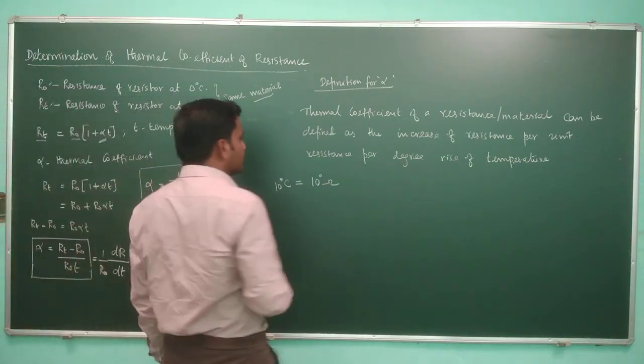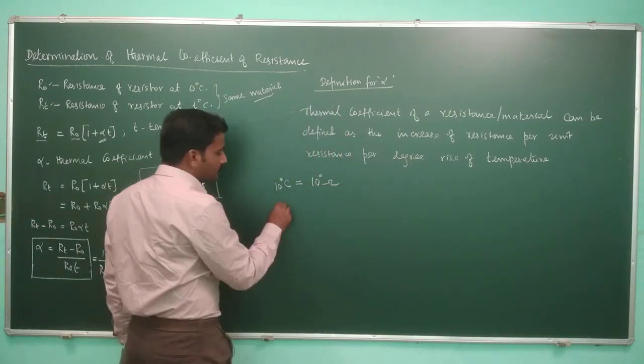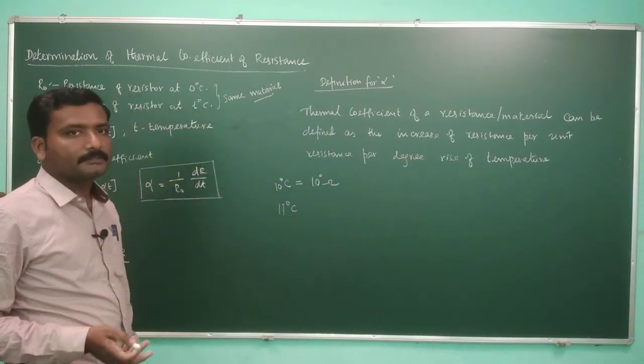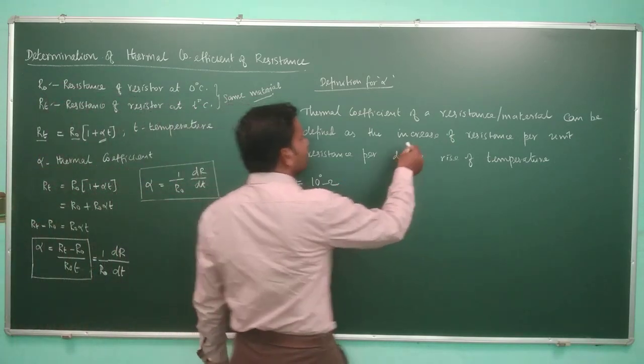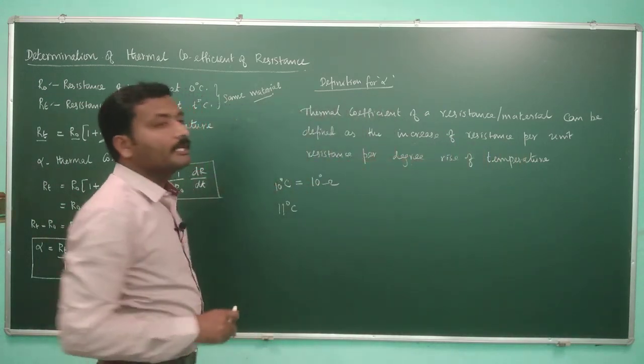Now we are giving a degree rise of temperature, which means it is raised to 11 degree Celsius from 10 to 11. Now how much increase of resistance per unit resistance, that we have to calculate.